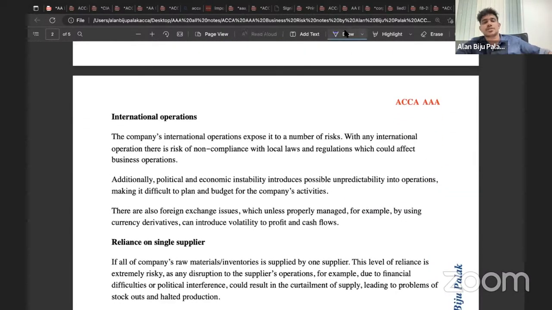It may be mentioned in the scenario that the company is having some sort of international operations. Maybe they are selling in another country, or they might be acquiring a franchise in another country. If a company has overseas trade, definitely there will be multiple risks arising from the overseas operation.